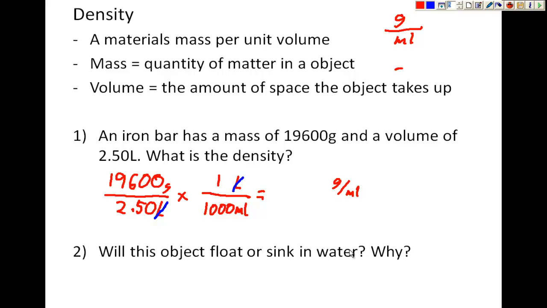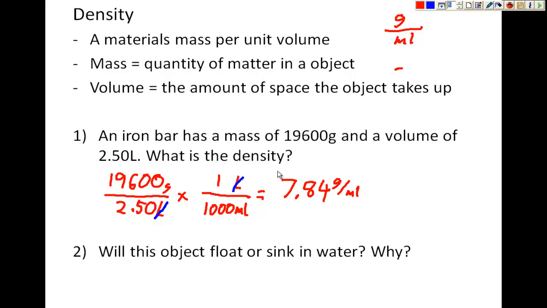So we'll go 19,600 divided by 2.5 times 1 divided by 1,000, and what we get is 7.84 grams per milliliter.